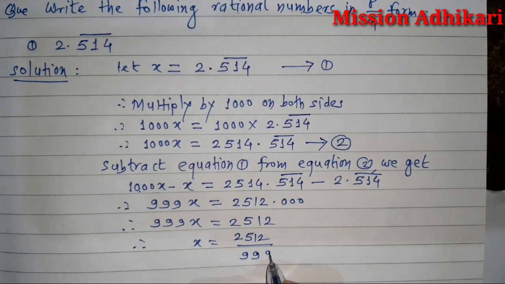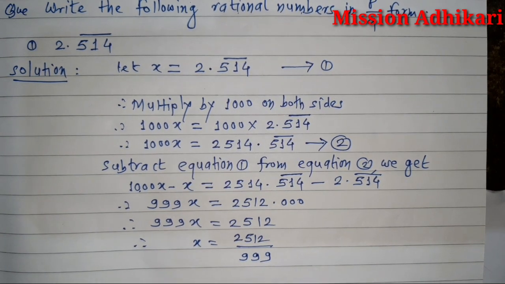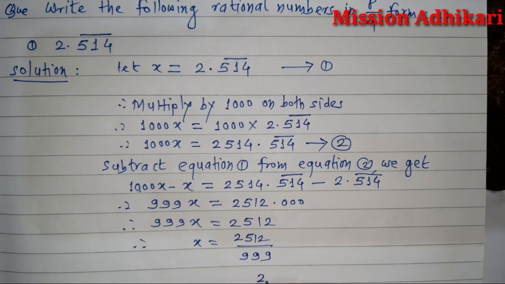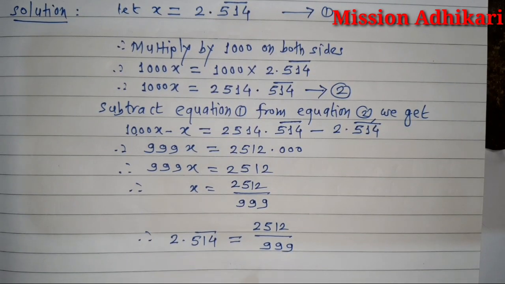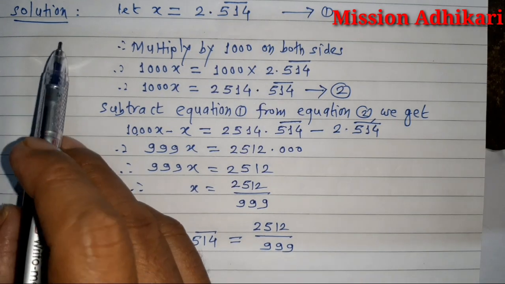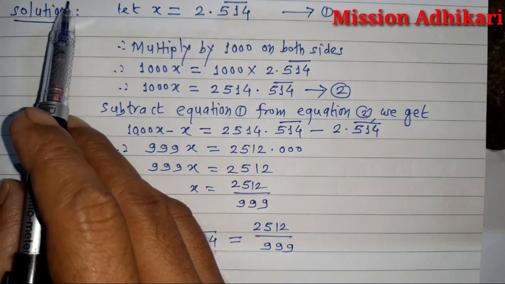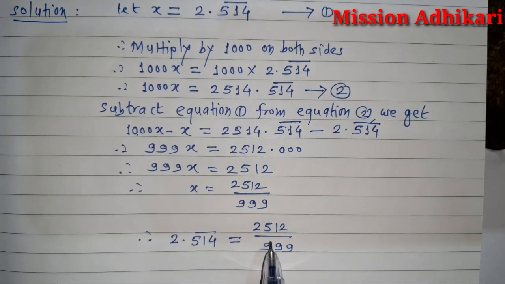Therefore, 2.514 recurring can be written in p by q form as 2512 divided by 999. In that way, the decimal form can be written in p by q form.